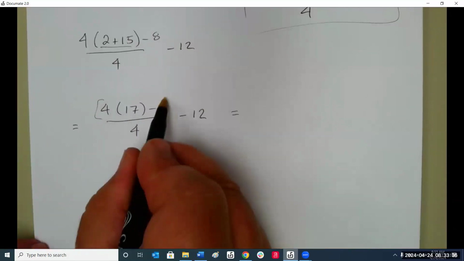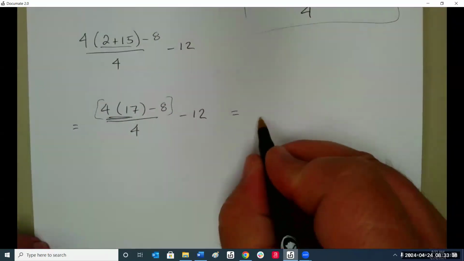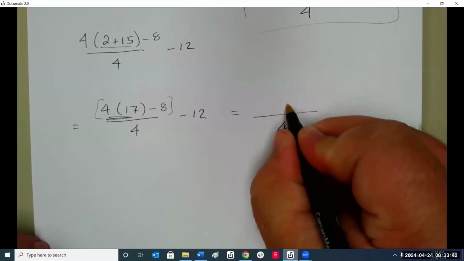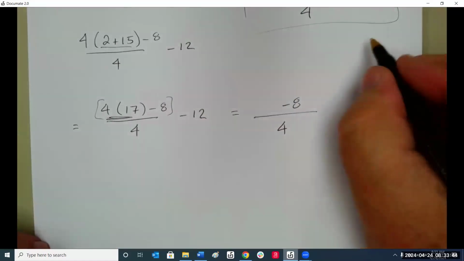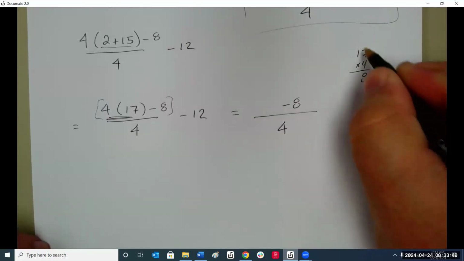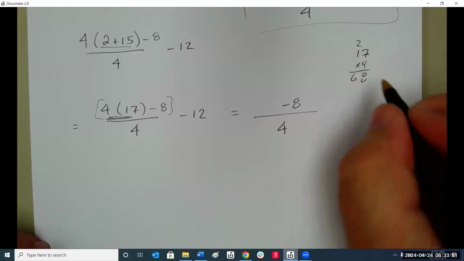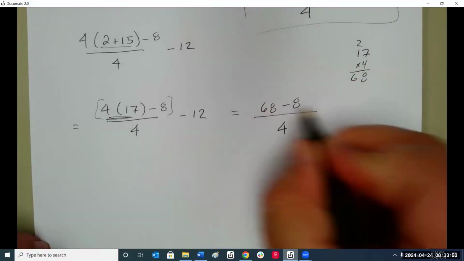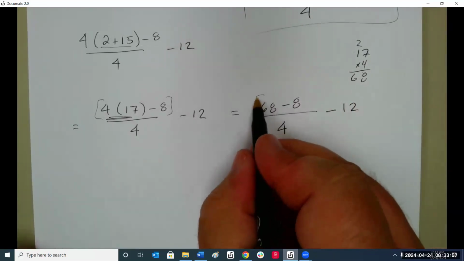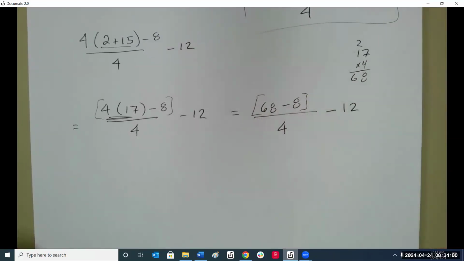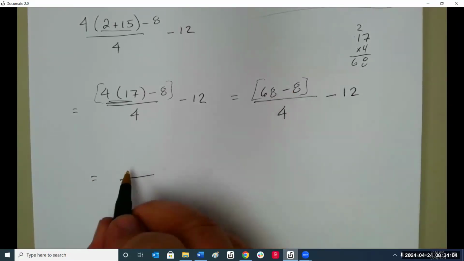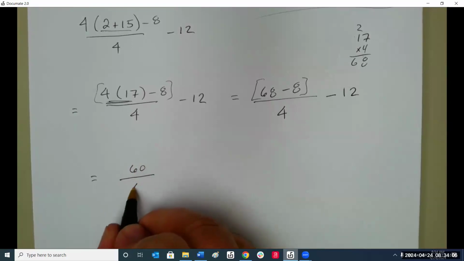Next, I have to do the multiplication. So I have 17 times 4. 7 times 4 is 28. So it's 68. 68 minus 8 is 60.